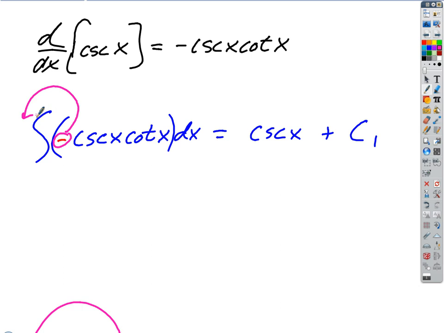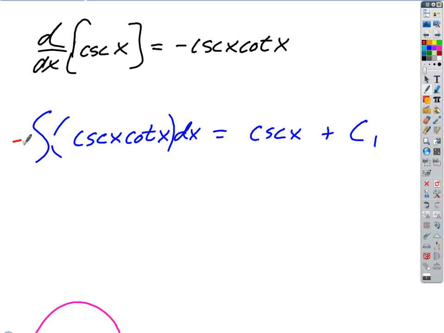So then if I pull that negative sign out front, it's just a constant that's being multiplied by this whole entity. And so I've got an equation, right? What can I do to both sides of an equation if I have a -1 out here I don't want?